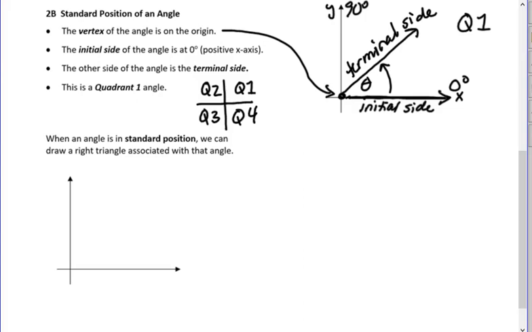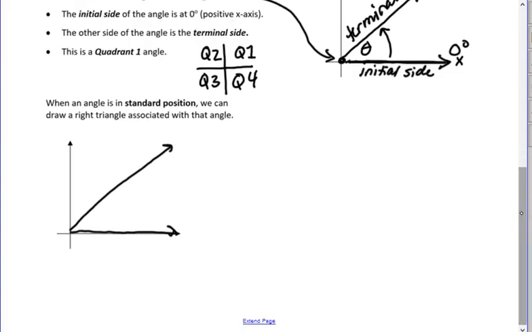Now once we've drawn an angle in standard position, so I'm going to redraw my angle here in standard position, we can use that angle to create a right triangle by taking any point on the terminal side and just dropping a perpendicular line down to the x-axis. So here's our angle theta. Looking opposite theta, this is the y direction.